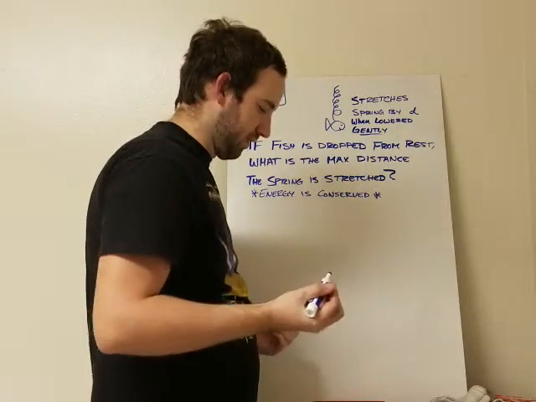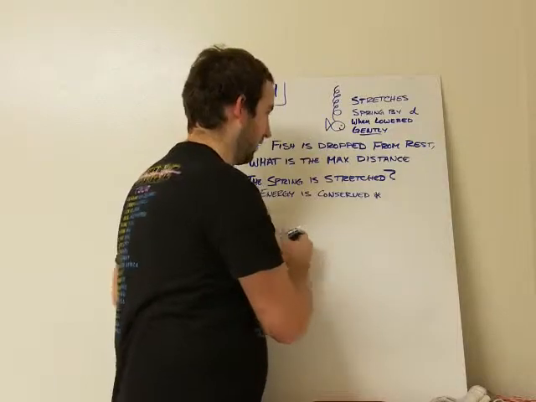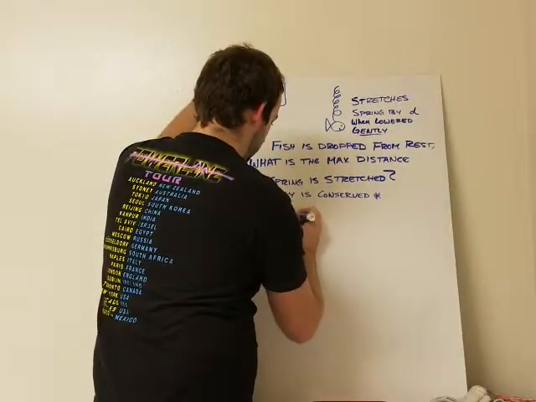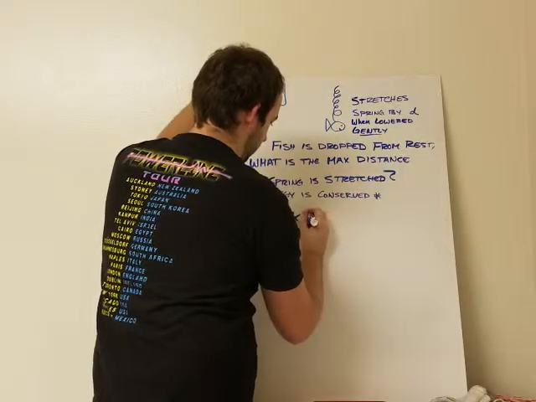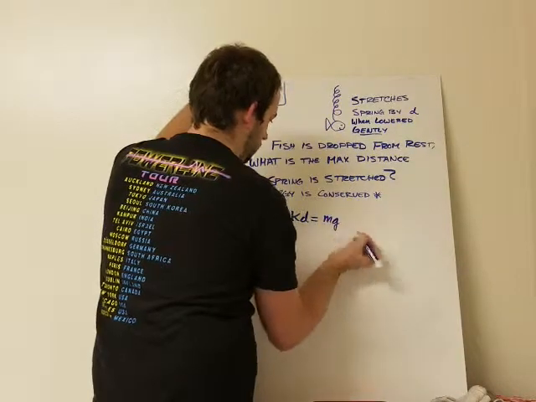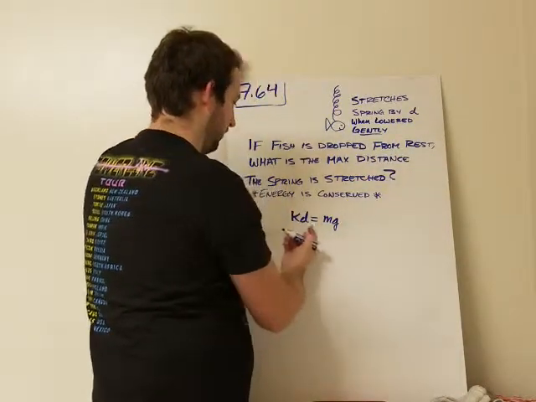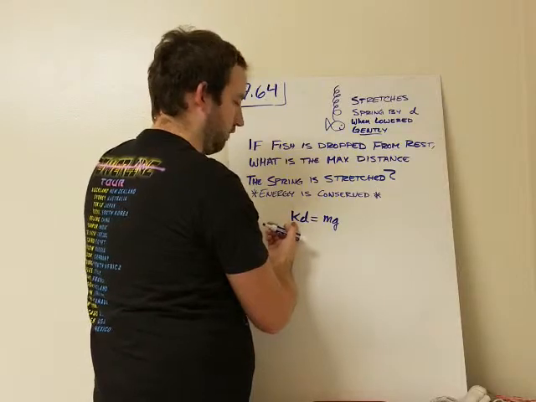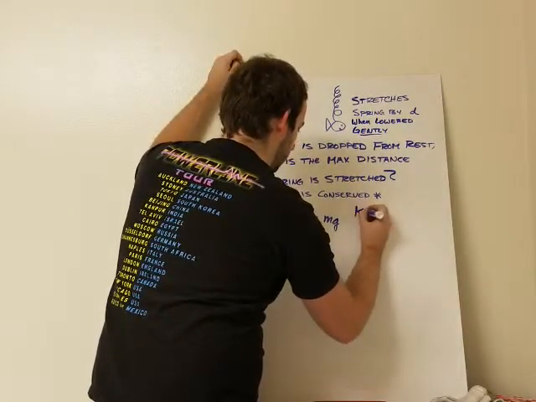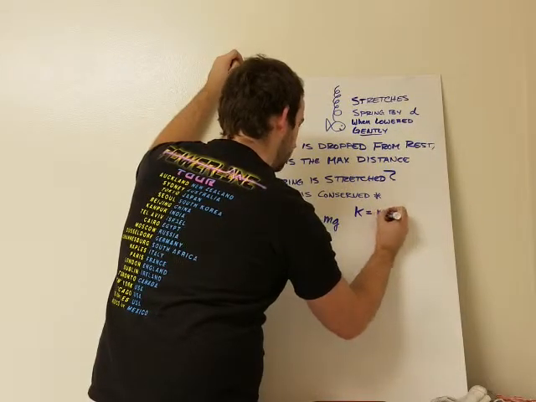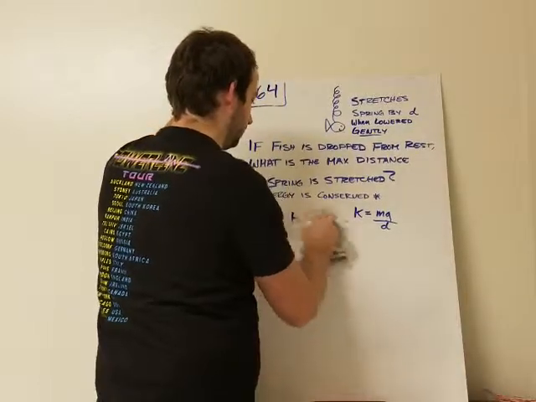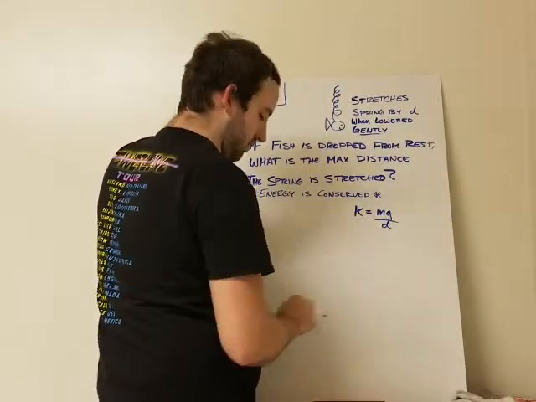To find that spring constant, we get that K times D equals mg. So we'll be able to use this. We want to solve for the spring constant, so we end up getting K equals mg over D. We'll use that in a minute.